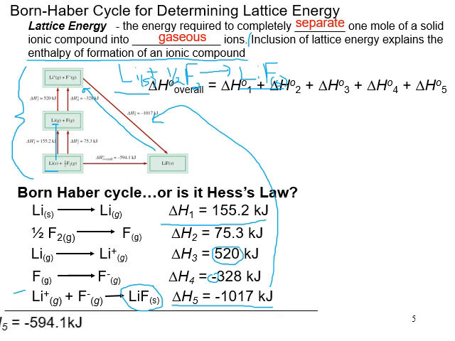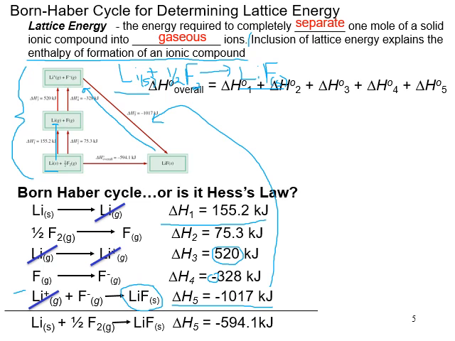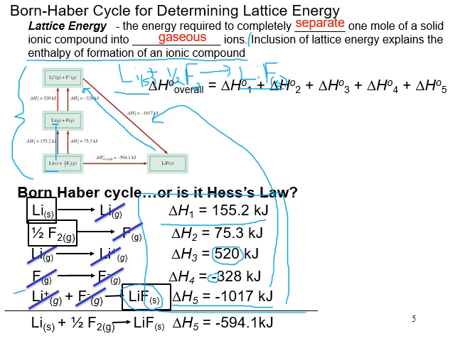Now, if we add all these things up, we should end up with the overall reaction. And recall Hess's law. We can go through and cancel out the individuals that are on either side of the equation, and you will end up with the overall equation. If you add all these enthalpies together, you end up with this enthalpy, which is Hess's law.